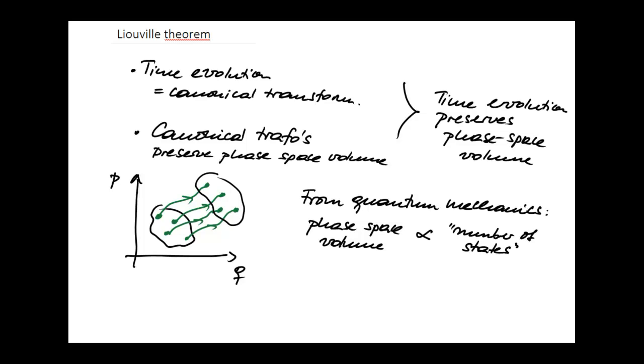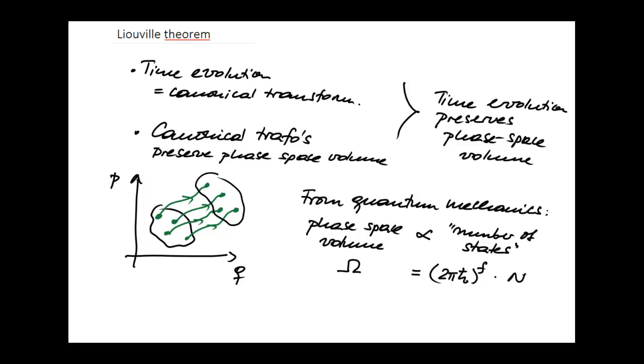A more precise statement is that the phase space volume, which I'll denote by omega, is related to the number of states by a factor (2 pi h bar) to the power f, where f is the number of degrees of freedom, times n, which is the number of states.